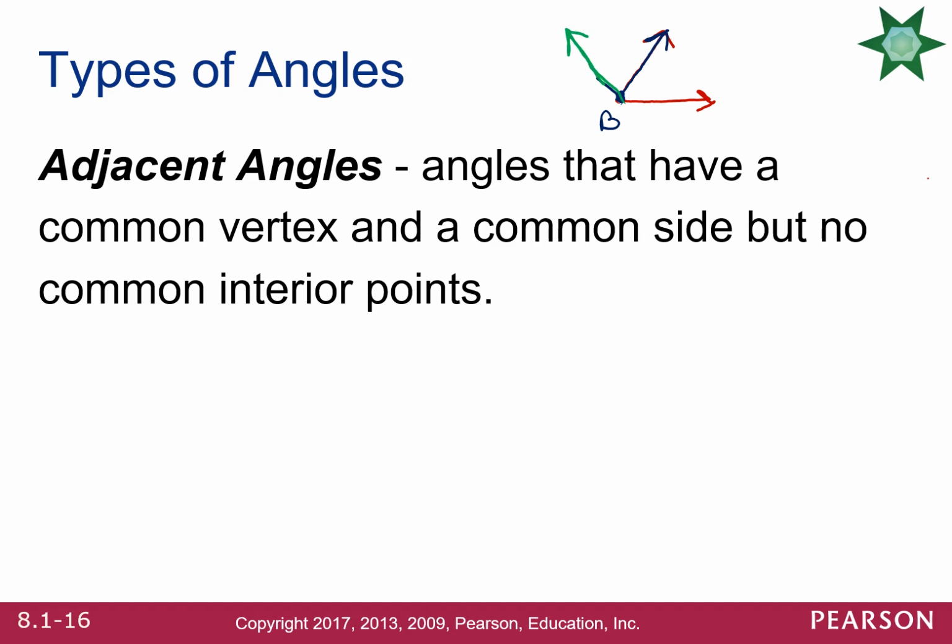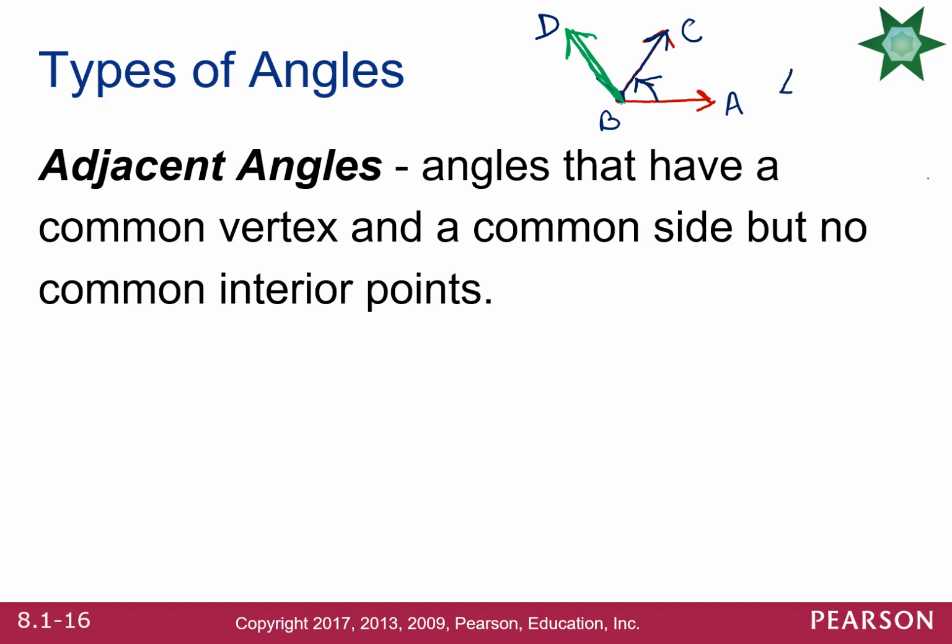This angle here is formed by another ray, so let's mark it. Let's say this is A, this is C, and this is D. The angle here is CBA, or ABC. Normally, we put the vertex point in the middle between the two other points.